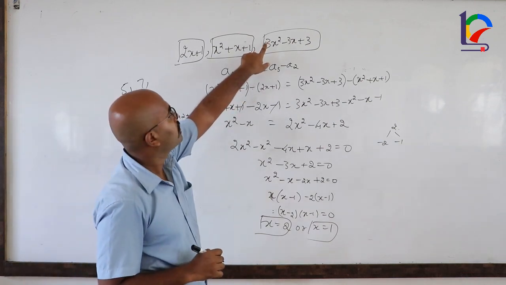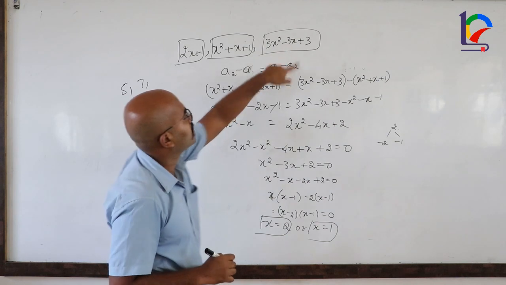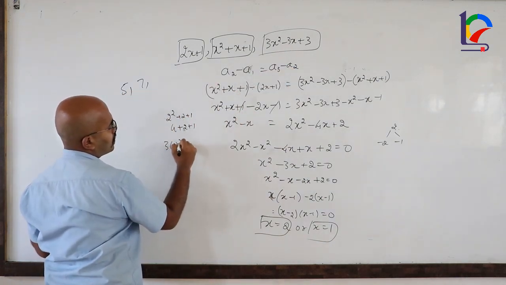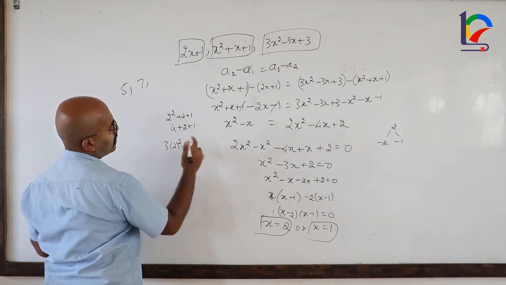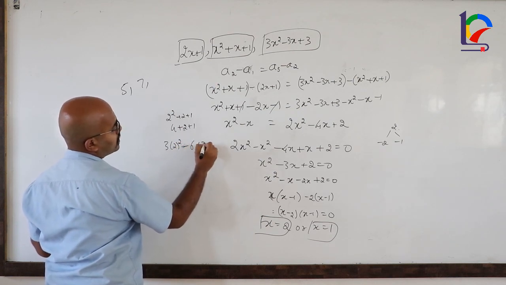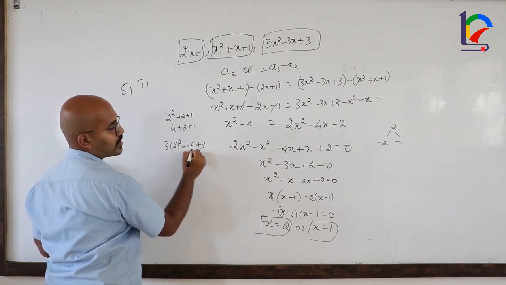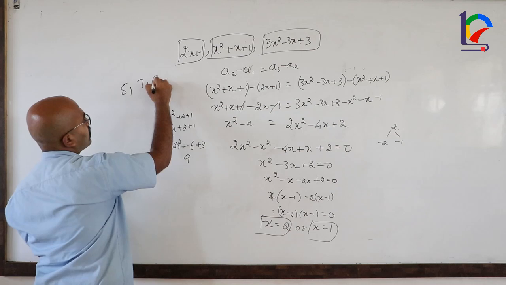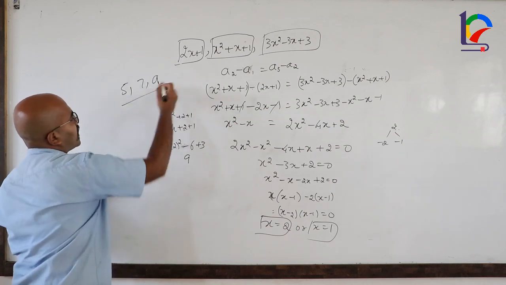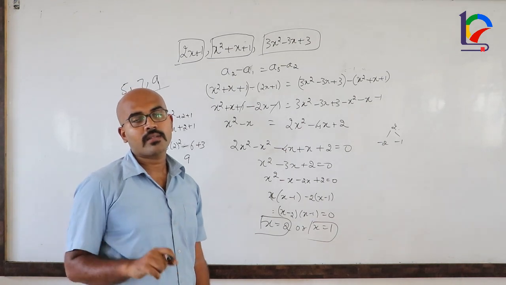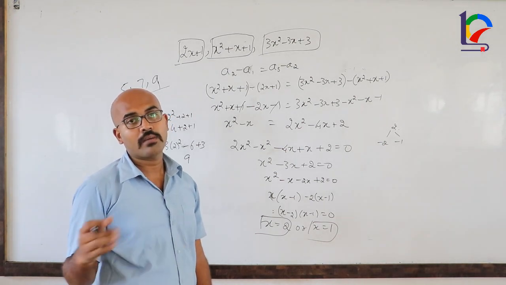Similarly, the next term 3x square minus 3x plus 3. 3 into 2 square minus 3 into 2, 2 2s are 4, 4 3s are 12, 12 minus 6, 6, 6 plus 3 is 9. So 5, 7 and 9. Obviously they are an arithmetic progression because it's all the odd numbers.